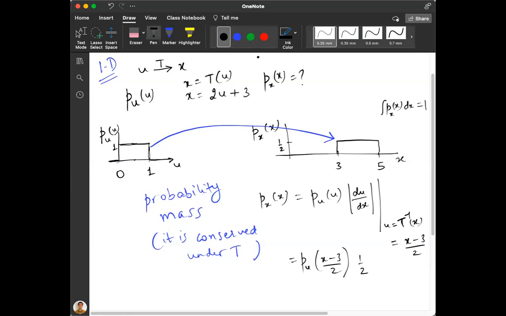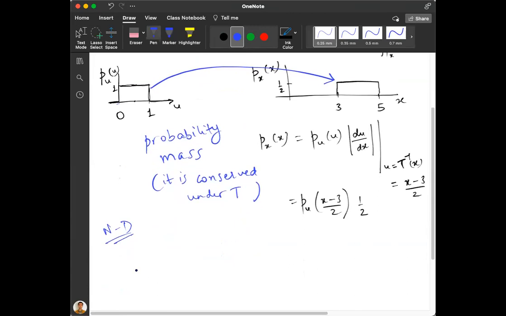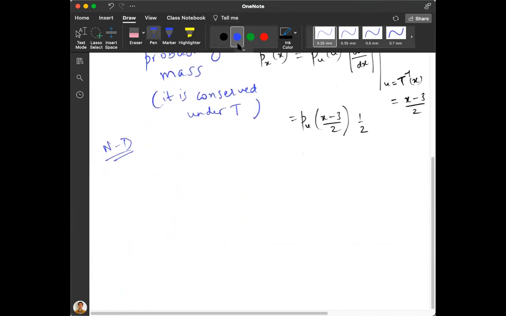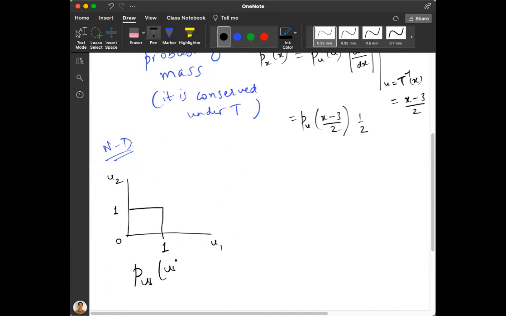Okay, let's come to higher dimensions now, n dimensions. Let's say you have a patch here, and u is a vector now, u1, u2. How do you define your probability distribution? Let's say again a uniform distribution between 0 to 1. So p of u vector is basically a uniform distribution.